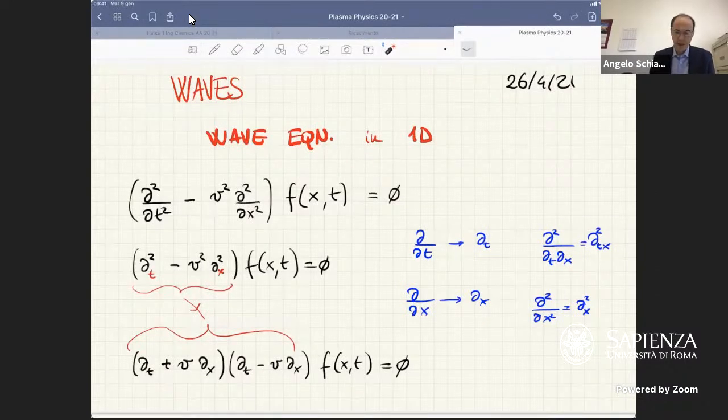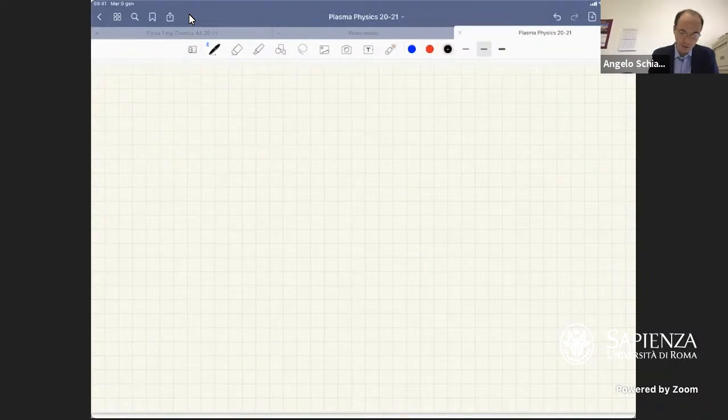So we can actually seek a solution of this operator, and let's use this notation: f plus is going to be a generic function of space and time, which has just this important combination of space and time.